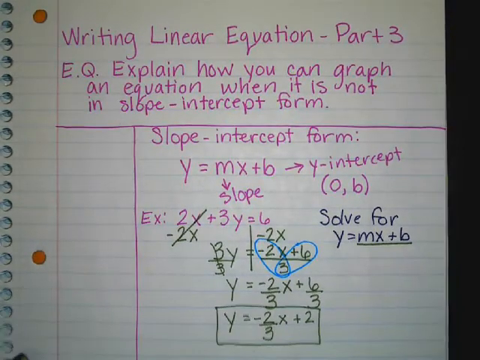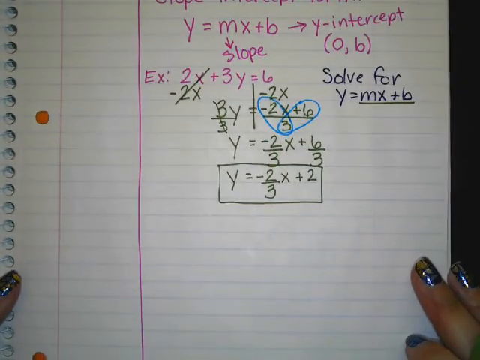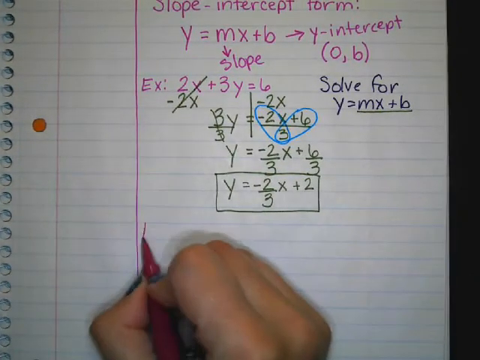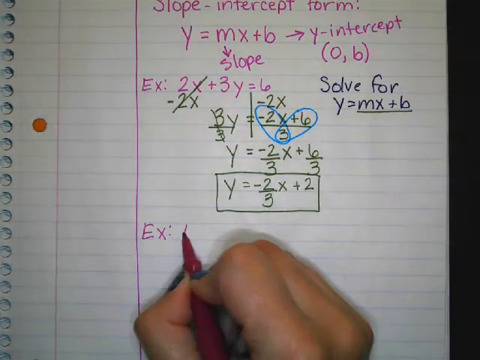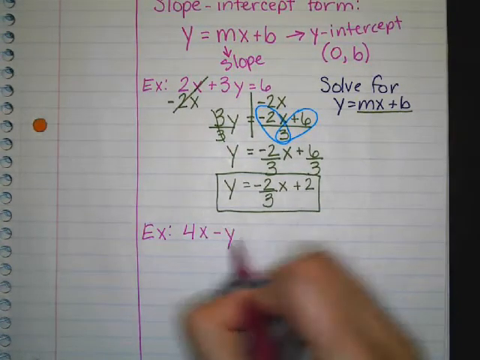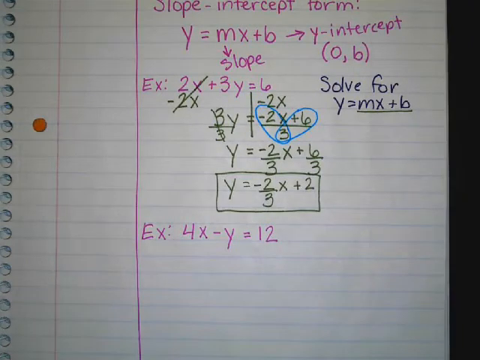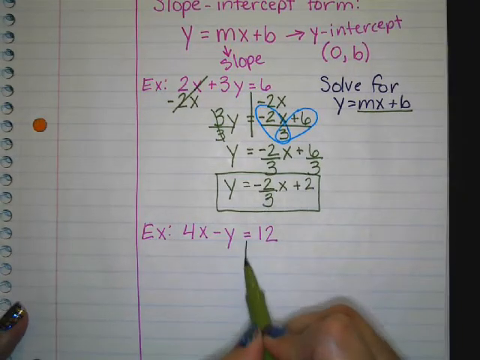So let's try solving for y on one more before we graph. This time we have 4x minus y equals 12, and we want to solve for y equals mx plus b. We're going to do the same thing. Here's my balancing point at the equal sign.